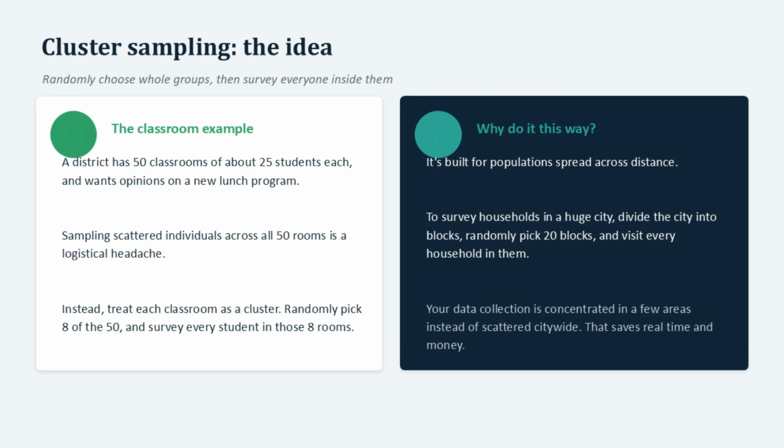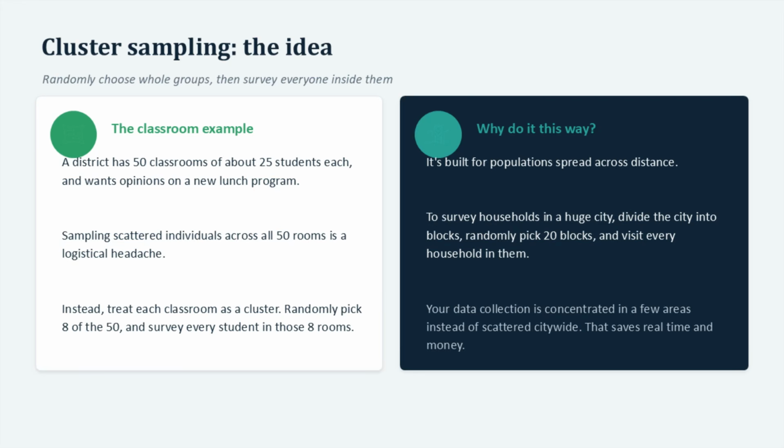Look at the classroom example on the left. Imagine a school district with 50 classrooms, with about 25 students in each classroom. And the district wants to collect student opinions about a new lunch program. Now, one option would be to create a giant list of every student in all 50 classrooms, and then randomly select individual students from that full list.